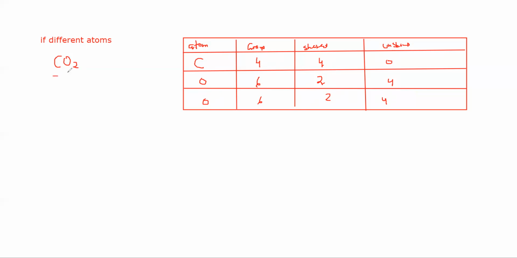Now we have one carbon and two oxygen. How will we know which one we should draw in the center? The atom which shares the maximum number of electrons should be at the center.